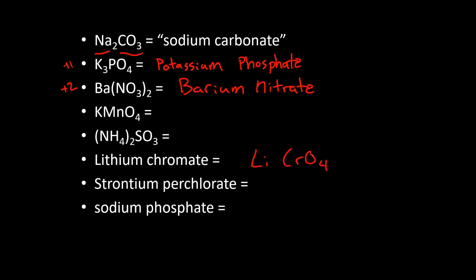So I have CrO4, and this has a charge of 2-. Lithium has a charge of +1. And I'm just writing these up here just so you can see it. You wouldn't actually normally write them there. That's just there for your benefit. Because I need 0 as the charge of the whole thing, I'm going to have Li2CrO4. I need 2 lithiums to balance out the charge of the 1 chromate.